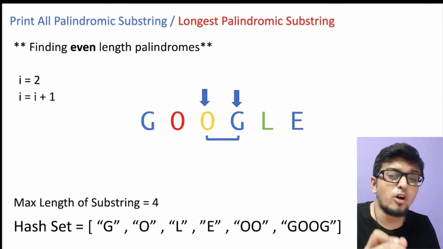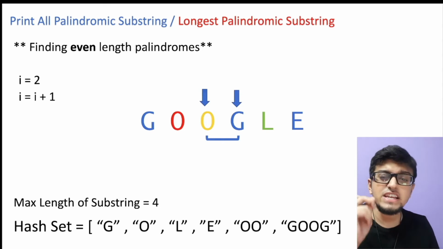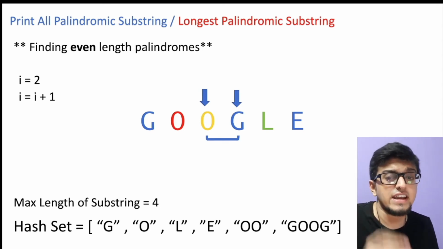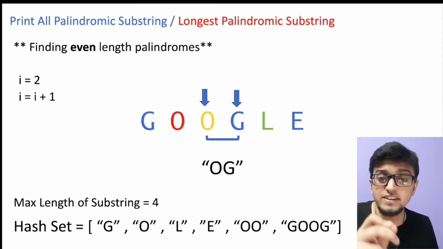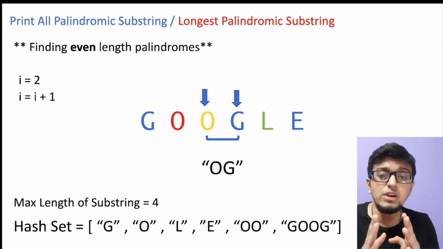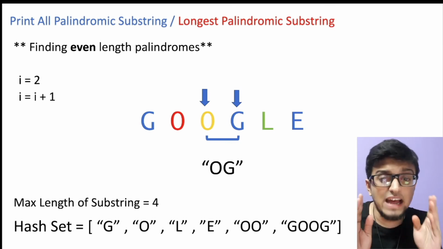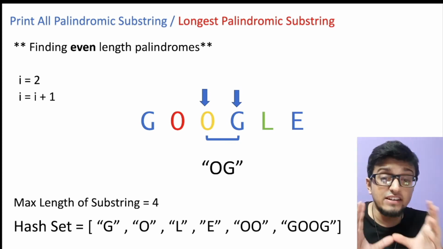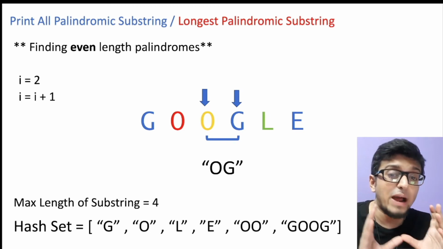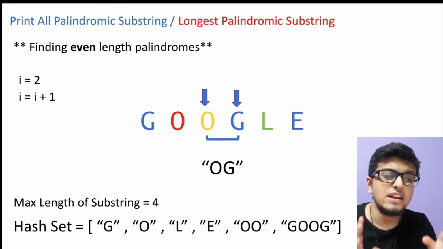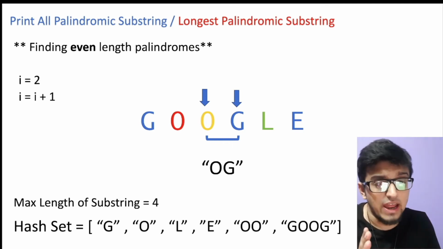And in this way we will keep on moving forward and we'll check on each and every iteration whether the string which we are considering is palindromic or not. And if it is a palindrome, then we are increasing the window size and further checking whether the string which we got after increasing the window size is also a palindrome or not. And in this way we will complete the entire iteration from i equal to 0 to i equal to n.